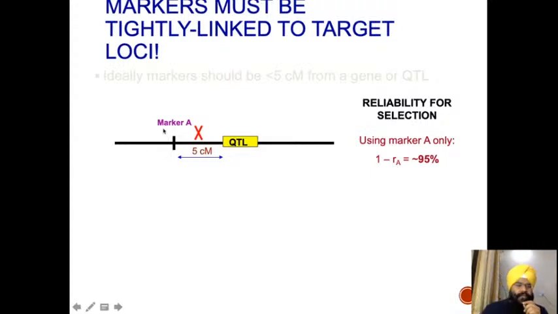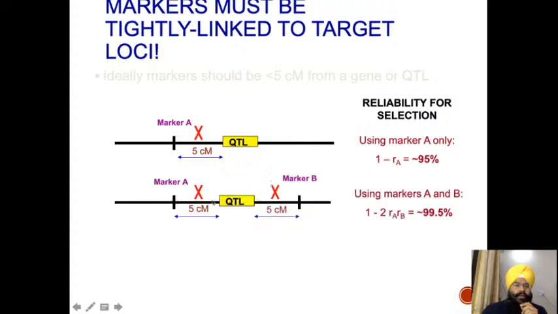This is marker A, and this is the reliability for selection using marker A only. So 1 minus RA gives 95%, for a QTL at 5 centimorgan. Then there's also a marker B, and they should not be more than 5 centimorgan, otherwise it's not good.